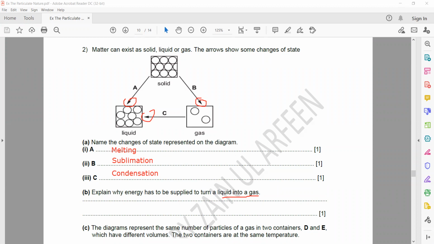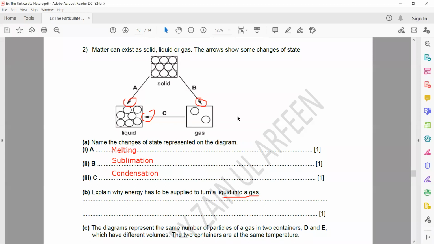Not about temperature, we don't normally mention that for the particles. Or we can also mention, that's right, most of your answers are correct, to make the particles more energized so they can move further apart. Or you can also say to break the bonds between the particles, like whenever we are changing the state, we are supplying energy.